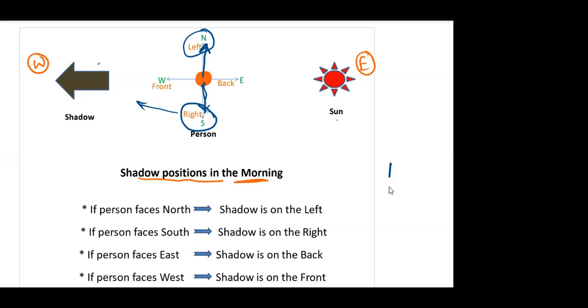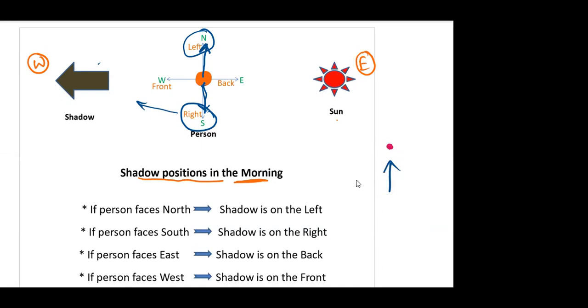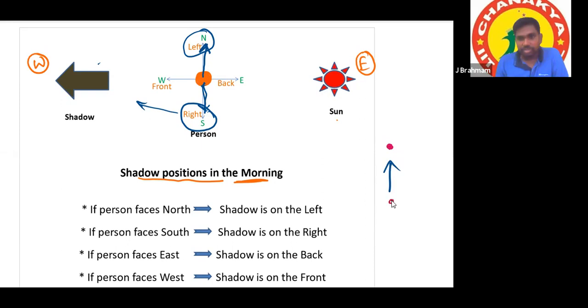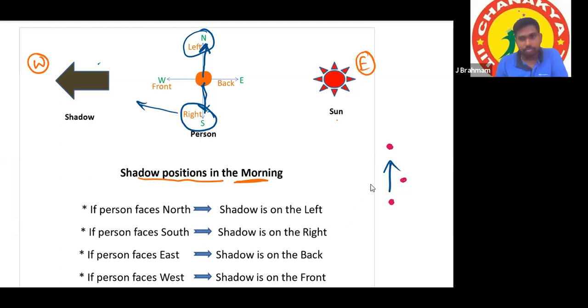Just use this. For this arrow, is this dot in front, back, right or left? Front. If the dot is here, behind. If the dot is here, right.